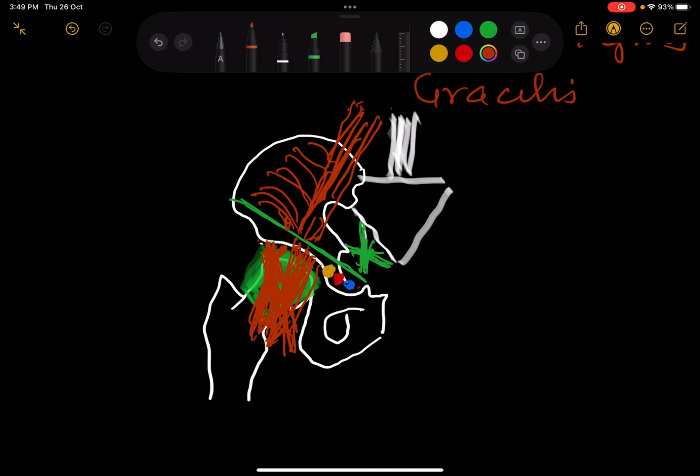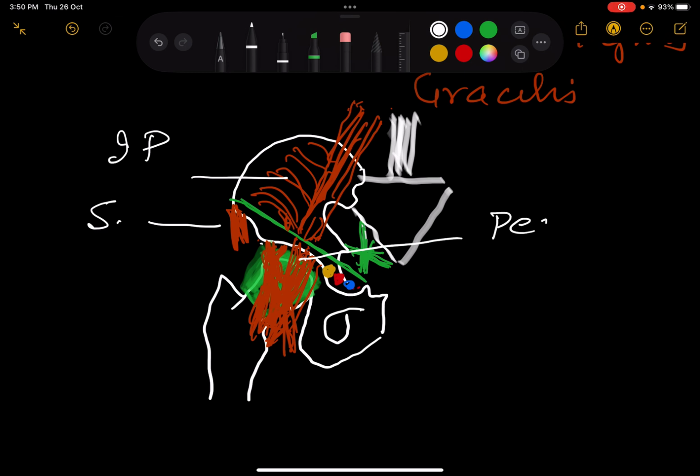And then you have the sartorius from the anterior superior iliac spine. So in front you have the sartorius, the iliopsoas, the pectineus.